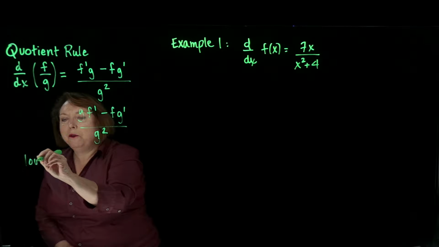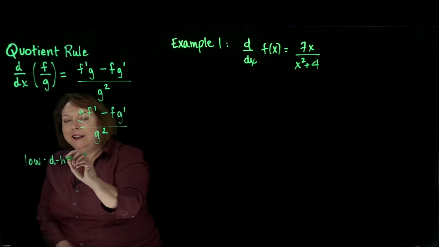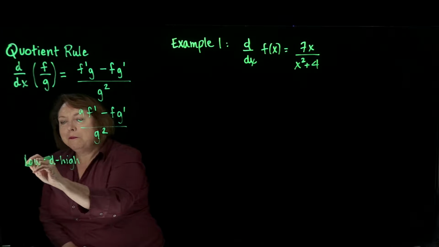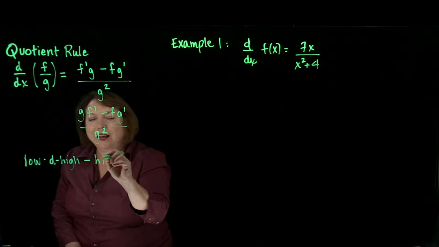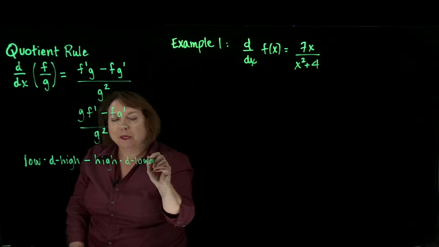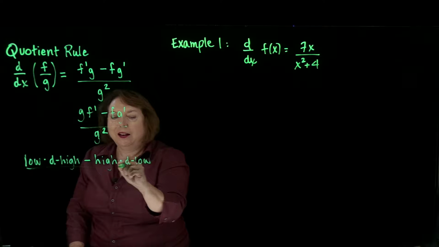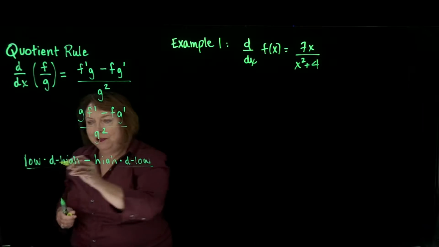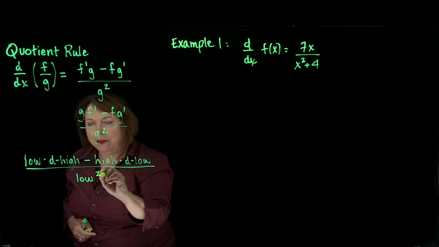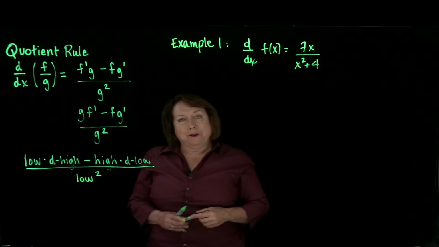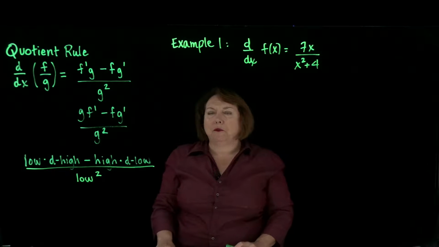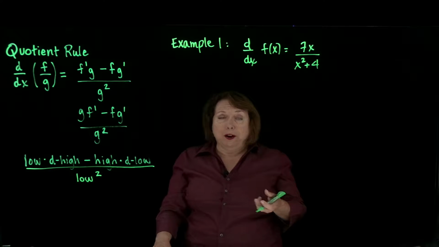And again, low d high, low times the derivative of the high, minus the high times the derivative of the low, high d low, all of it divided by, let's get a different marker, all of this divided by the low squared. If that helps you remember it, great. You can always write it down or keep your paper with your formula for the quotient rule handy when you're doing homework. I would recommend that.